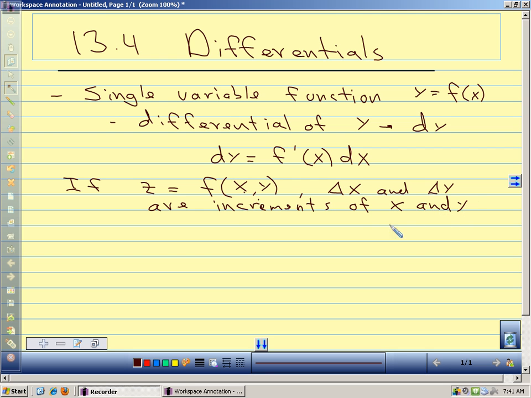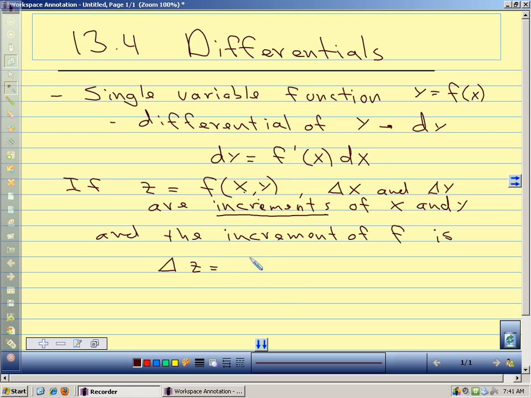And that just means we have a small change in x and a small change in y. And the increment of the function is just delta z. We're going to call it delta z. And that's how the function changes when we move these small distances delta x and delta y.